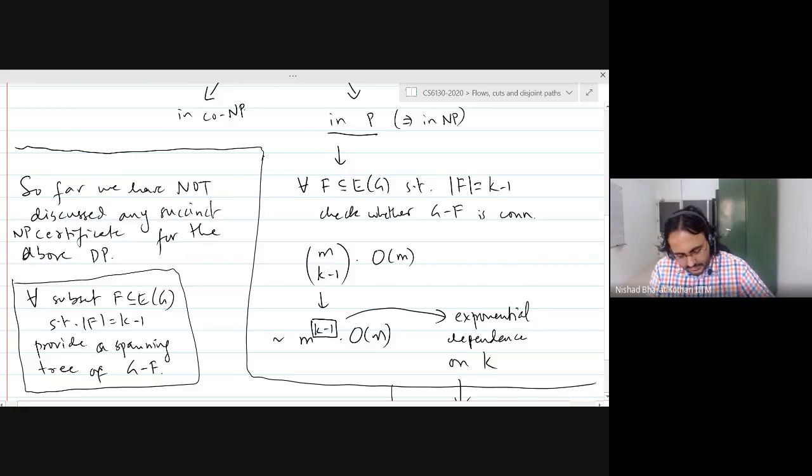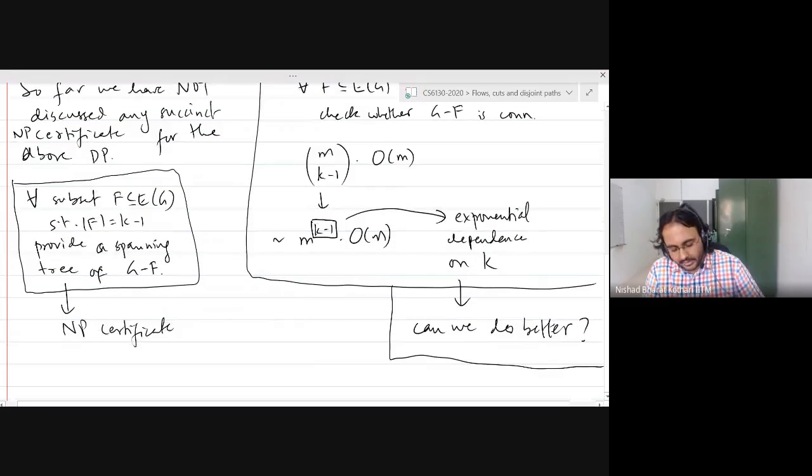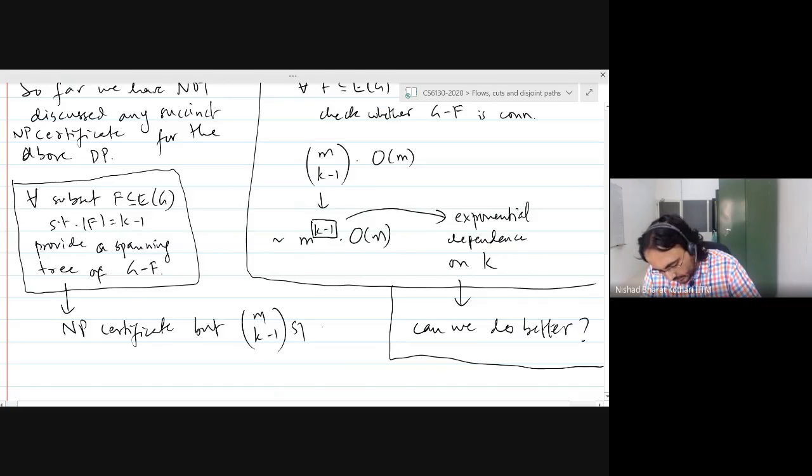But this is also not succinct, right? This is an NP certificate, but again, it has the same problem. It depends exponentially on k. You will have how many spanning trees? You will have m choose k minus 1 spanning trees.